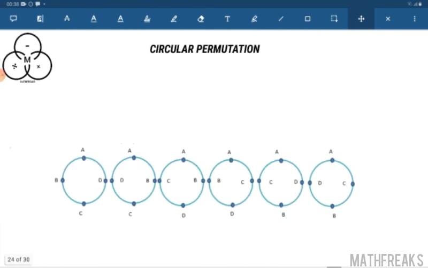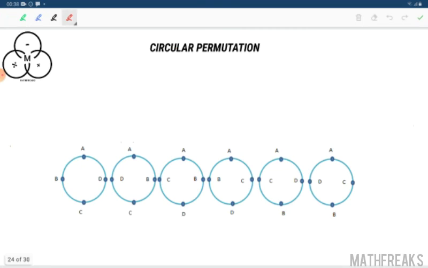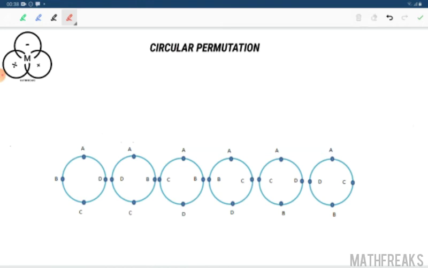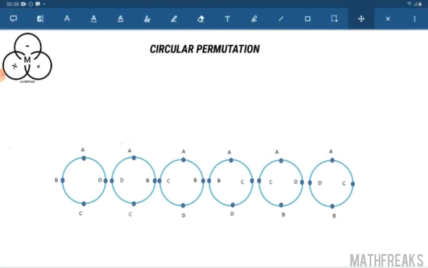Entering into the last topic, circular permutation. This is circular permutation of 4 objects, but here we are getting only 3 different circular permutations. What is the reason? The reason is very simple.